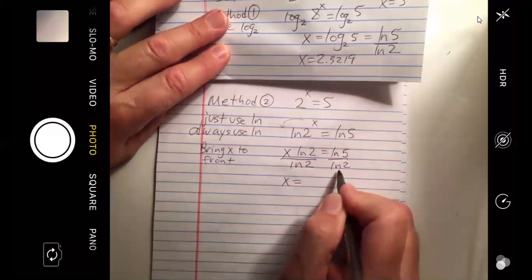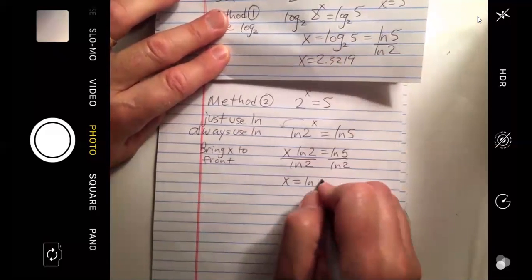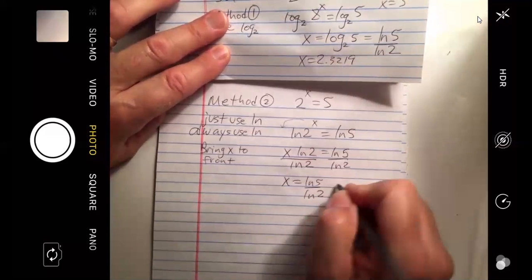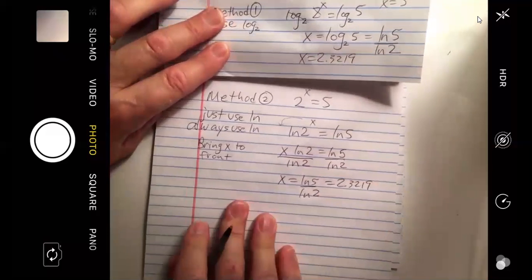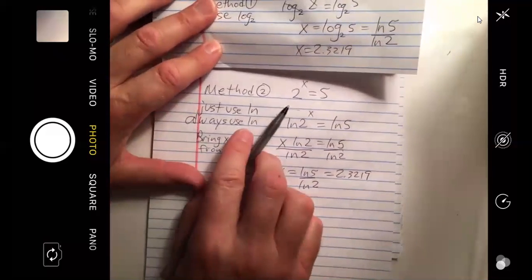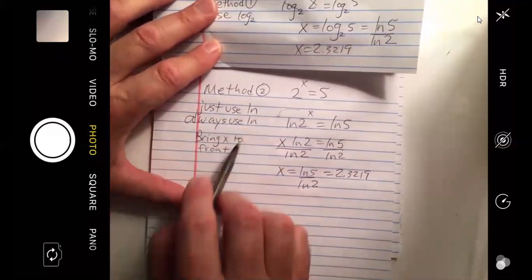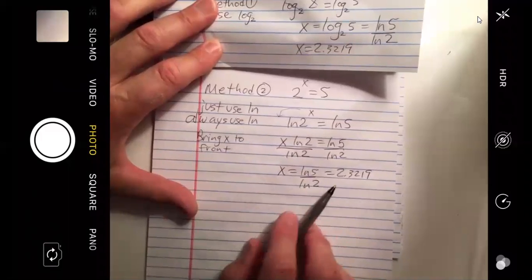And you have the change of base formula. Ln of 5 divided by ln of 2 punches out to 2.3219. So instead of worrying about whatever base is in your problem, just always use ln, and it will work out to the same change of base formula.